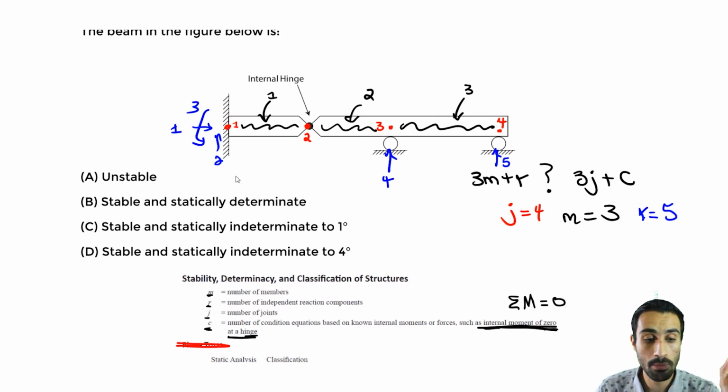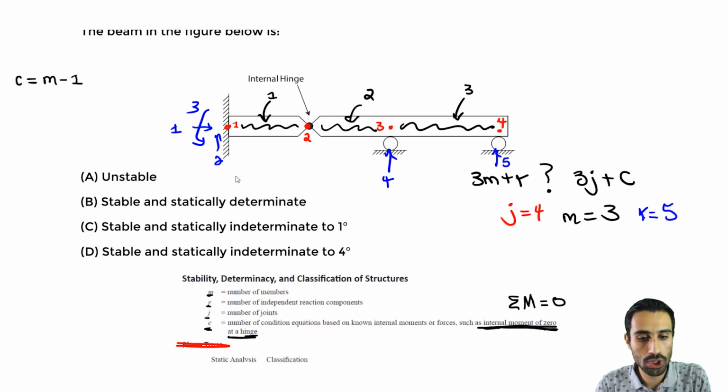And the best way to remember this, it always works, is the number of condition equations for, let's say, a hinge or a pin is always arrived at by this equation. You just take the number of members meeting at that hinge minus 1. So the question here, how many members meet at the hinge in this case? How many touch the hinge? 2, right? So the C value, we take 2 minus 1. So the C value is just 1.